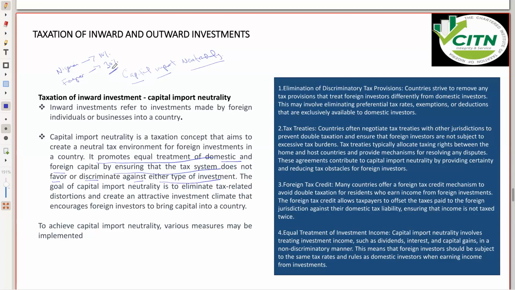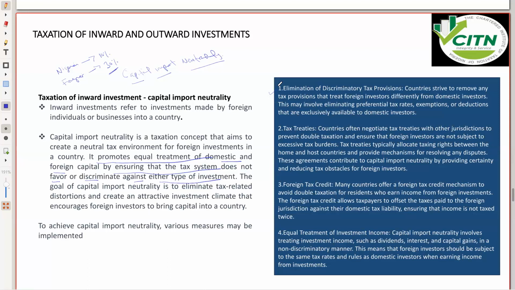Now, to achieve capital import neutrality, there are a number of approaches that countries would adopt in their international tax policy. Let's look at some of them quickly. One is elimination of discriminatory tax provisions. We explain this. Basically, countries will strive to remove any tax provision that would treat foreign investors differently from domestic investors. So they want to eliminate things like preferential tax rates, exemptions, and the like.